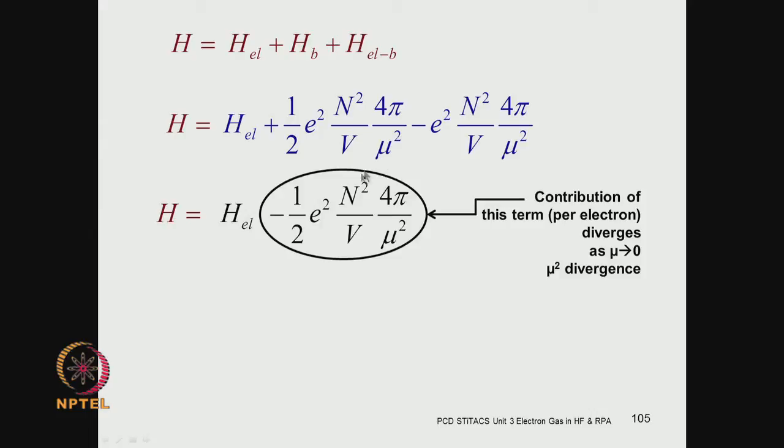If you combine the two, you have a net term which is minus half e square n square over V times 4 pi over mu square, and this term also has a mu square divergence. Okay, we perhaps would have been happy if these two terms had cancelled each other, but that has not happened. But that's not a worry, because there is more to come, and that will give us the tools to take care of the mu square divergence.